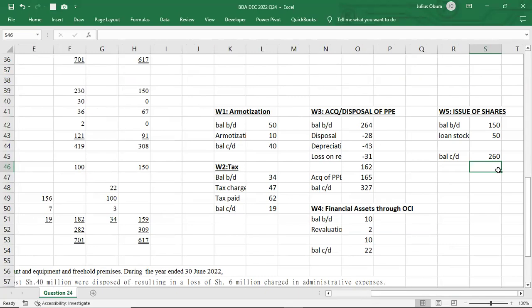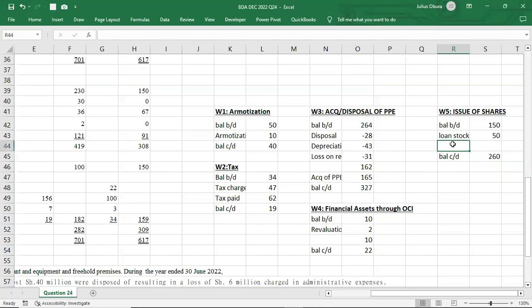From 200 to 260, we have an increase of 60. That means that we had an issue of new shares. That is why our ordinary share capital increased from 200 to 260.